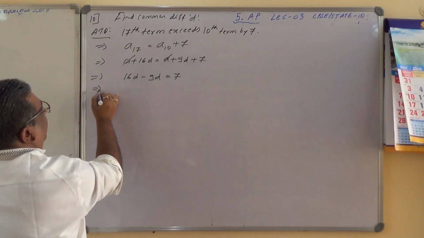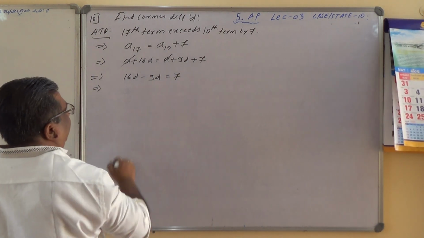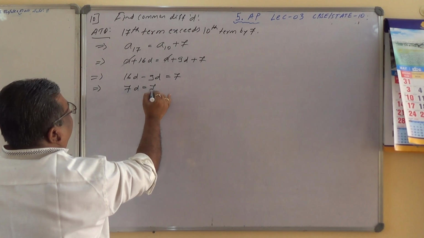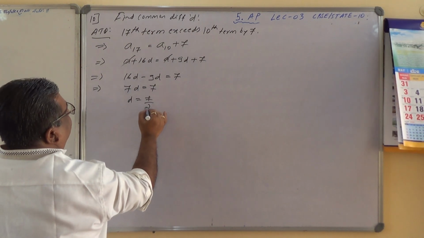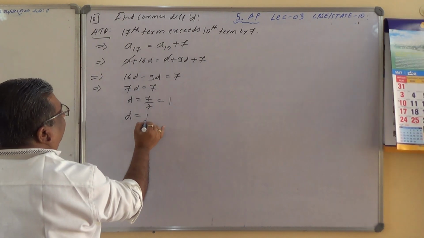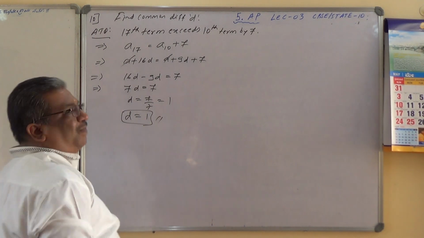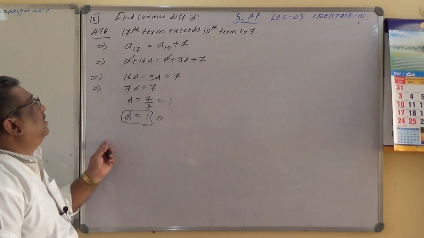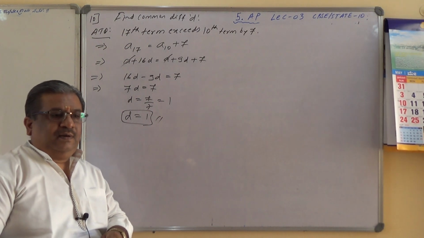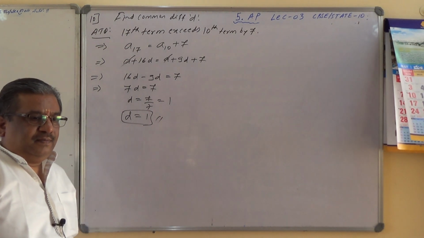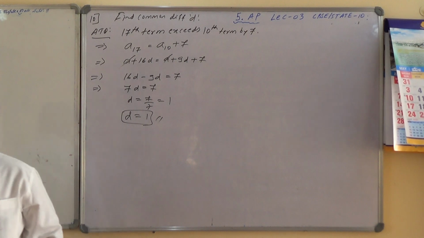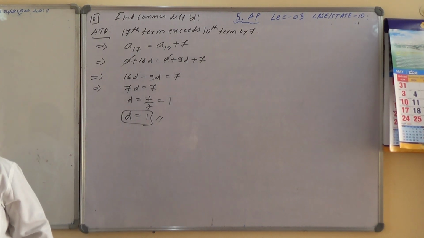And therefore 16 minus 9, 7D equals 7, D equals 7 by 7, which equals 1. So common difference is equal to 1. Is it simple? That is the answer. Check the answer please. 10th one. Okay, fine.